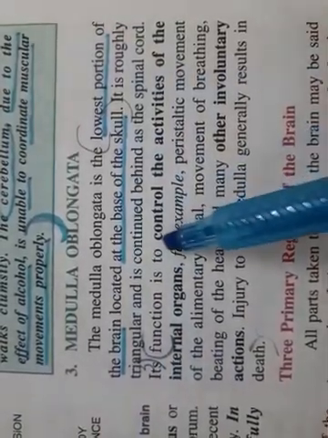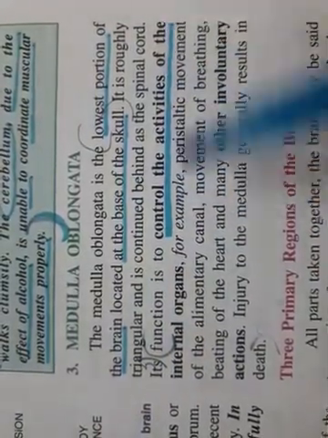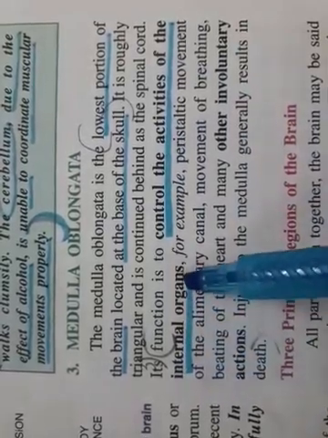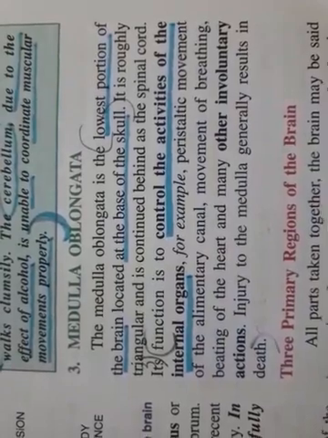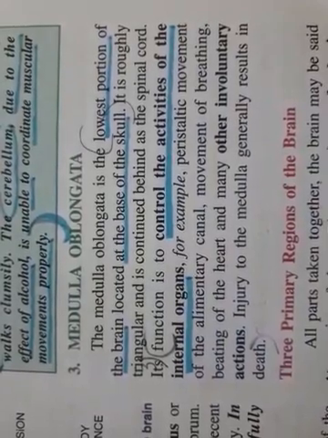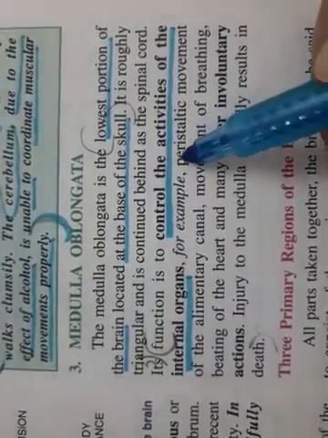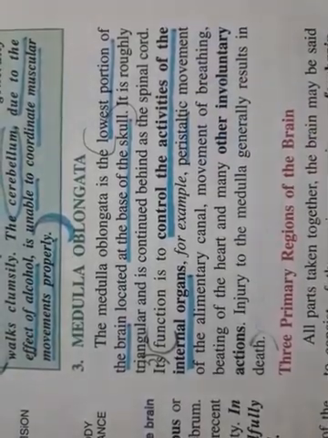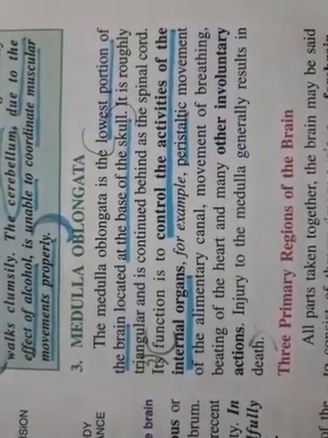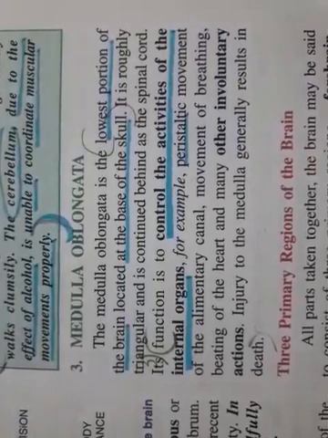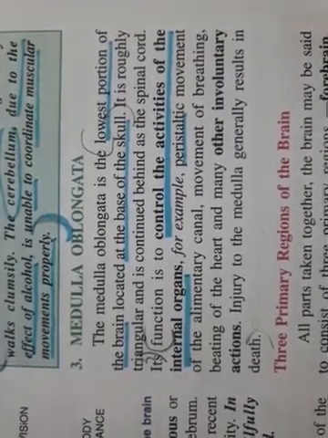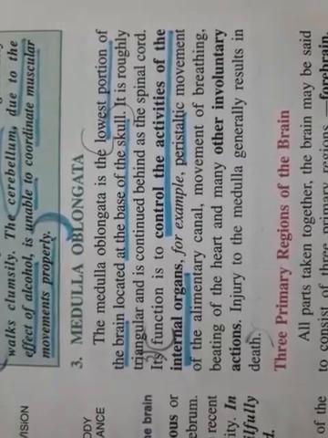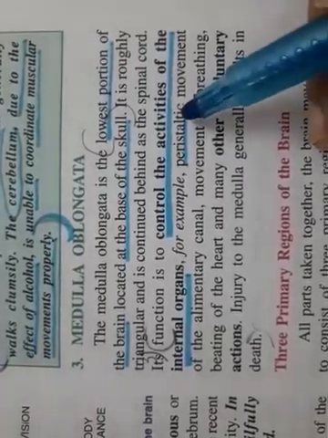It controls the activities of internal organs. Your heartbeat, your breathing, they are all controlled by medulla. Peristaltic movements of the alimentary canal. We are eating food. The food particles go down from your mouth to the esophagus, further down to the stomach by peristalsis.